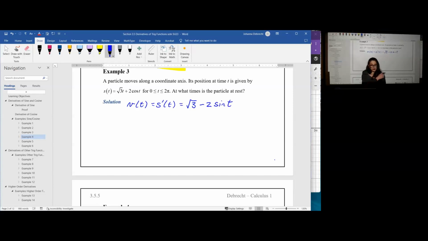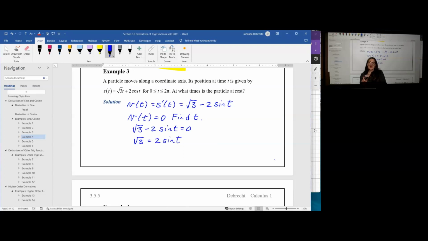Now let's go ahead and find when the velocity is equal to 0 on the interval from 0 to 2 pi. When we're looking at that, we're going to set the velocity equal to 0 and find t. This means the square root of 3 minus 2 sine t equals 0, or the square root of 3 equals 2 sine t.